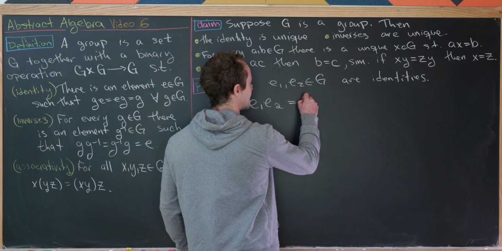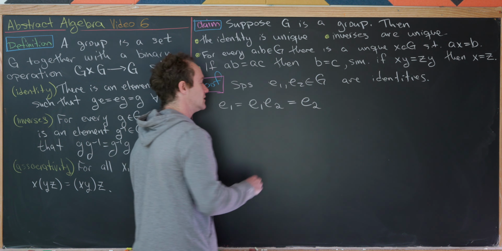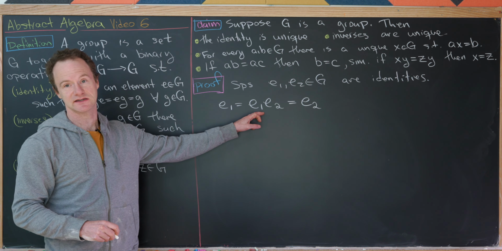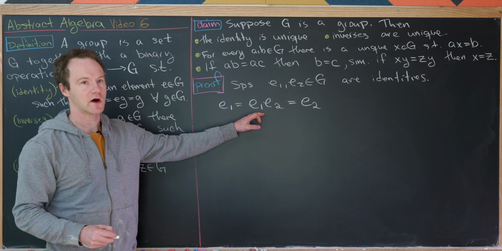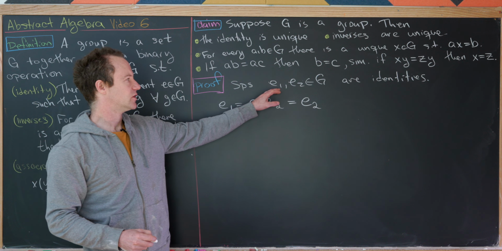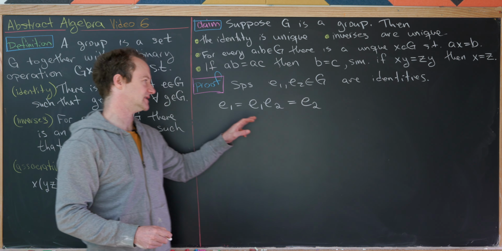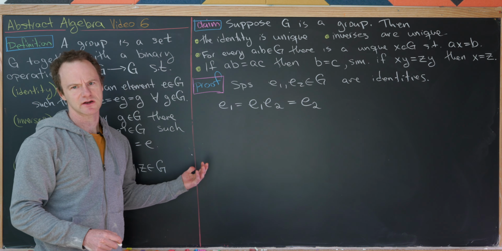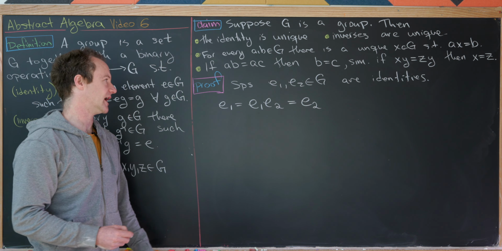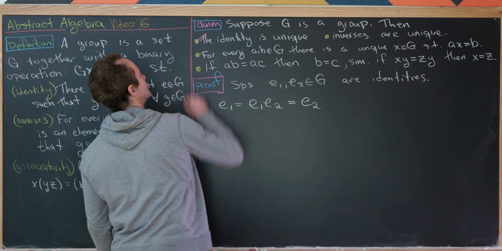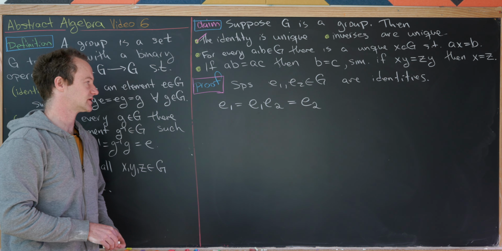This is the same thing as e2, and this equality is because e1 is an identity, so combining anything with e1 leaves it unchanged. We started with 2 possible identities and we showed they had to be the same. So that means there is, in fact, only 1 identity. Great, so that proves this first result.